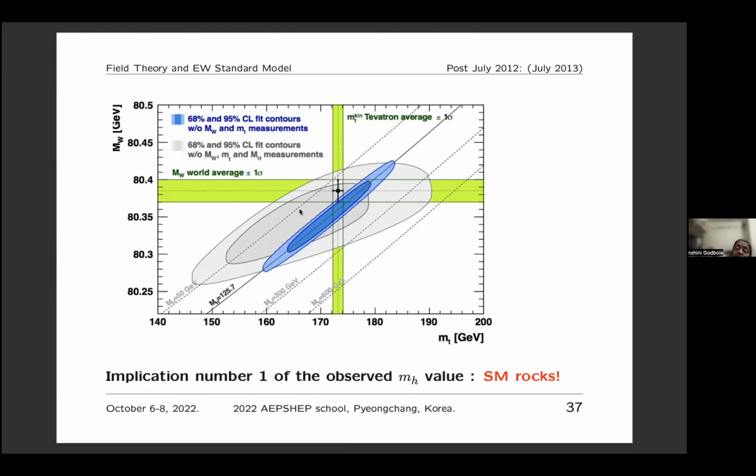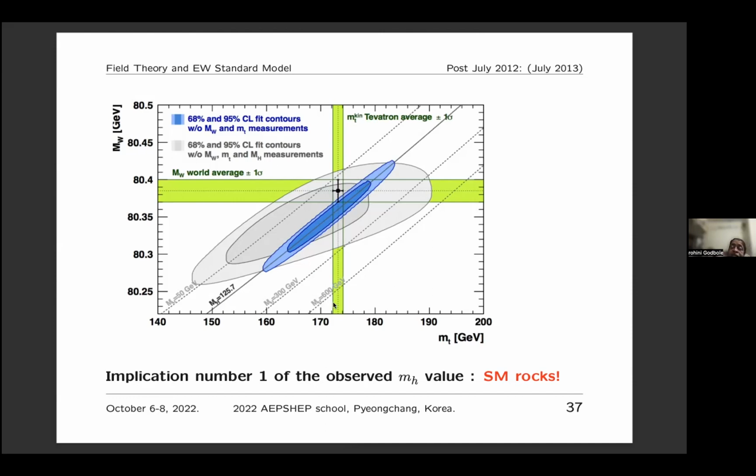And when you do that, you also basically fit MH. And what you see is that with the fitted MH value, the MW and MT values should lie in this blue region, and the pale blue region, and the measured region, that is this bar, has an overlap within error bars.